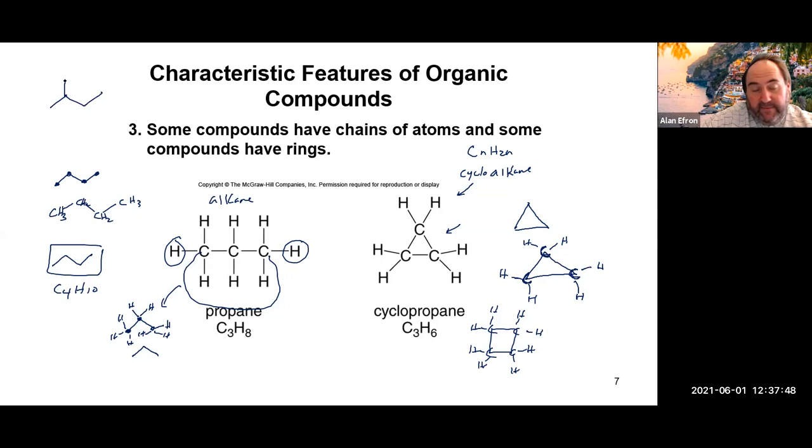Also, if you have a line in line structure just coming out, you may be wondering what is at the end of the line. If nothing is drawn there, it's assumed to be a carbon with the appropriate number of hydrogens. So if you had something drawn like this, the end here would be assumed to be a CH3, just like this end would be a CH3.